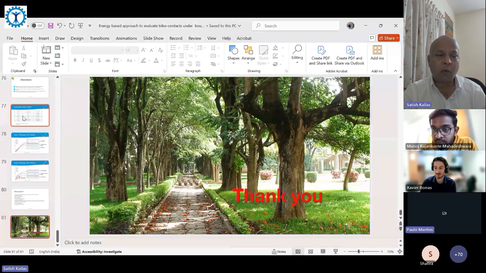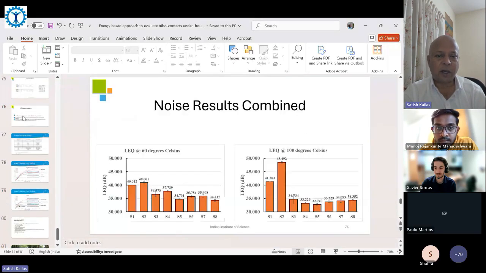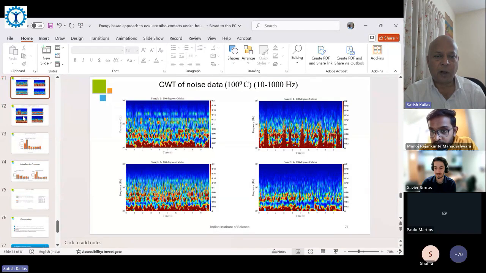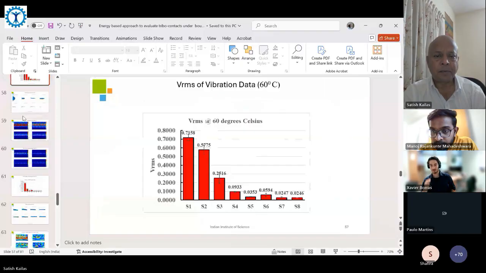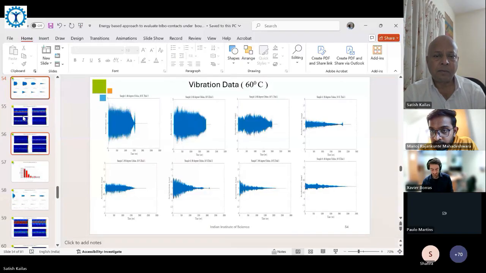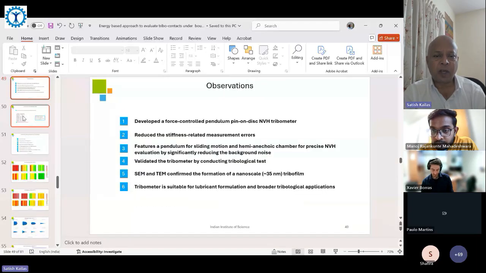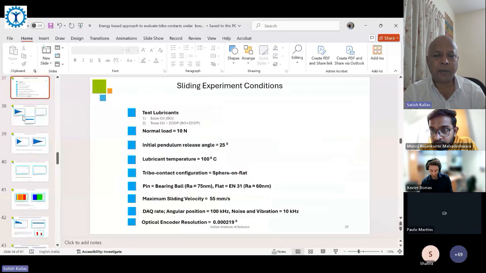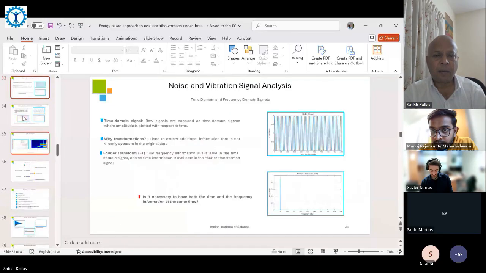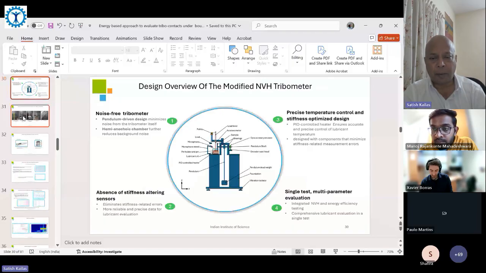What we do is, I'll show you the pendulum tribometer. You will understand that. The schematic of that, I go to that slide. Here, I have a tribo contact.